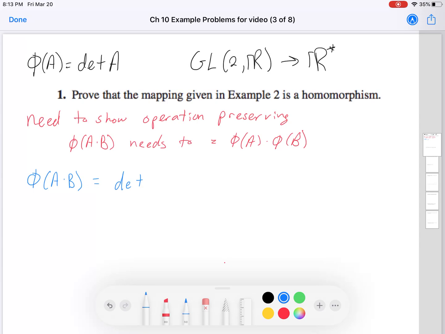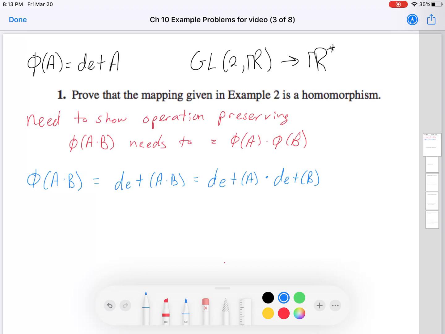Well, this equals the determinant of A times B. We know some things about determinants. We know the determinant of A times B is equal to the determinant of A times the determinant of B. That's a fact that you should know from linear algebra. Well, wait a second.